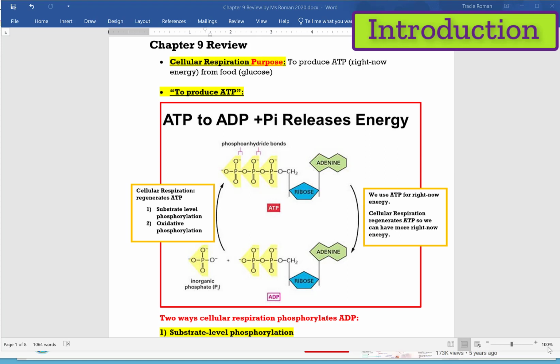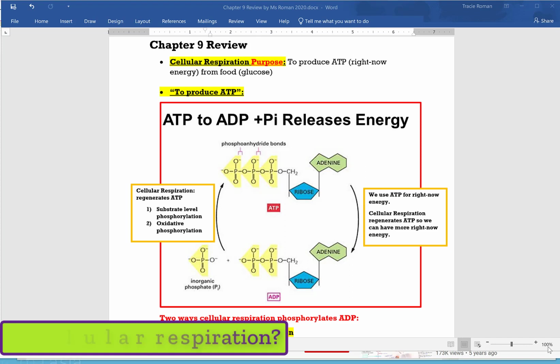So Chapter 9, as we talked about in class, covers cellular respiration. And if you boil it all down, cellular respiration is going to take energy from food and put it into a molecule that we can use right now.